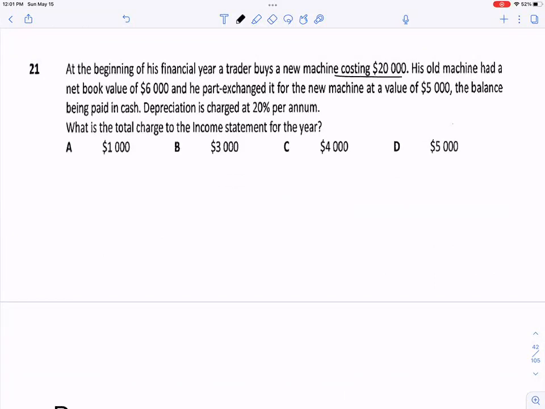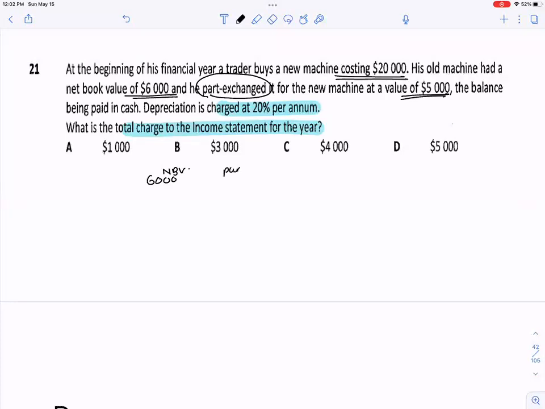At the beginning of the financial year, cost 20,000. The old machinery had a net book value of 6,000.